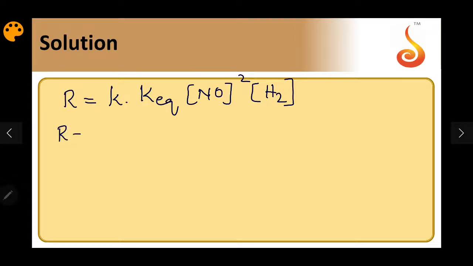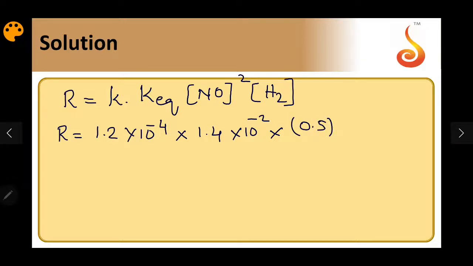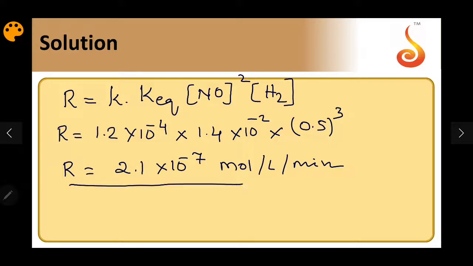So R is equal to K, given as 1.2 into 10 power minus 4, K equilibrium given as 1.4 into 10 power minus 2, and the concentrations of all of them are 0.5. So 0.5 whole cube I can write. If you simplify this, R becomes equal to 2.1 into 10 power minus 7 mole per liter per minute. This is the answer, 2.1 into 10 power minus 7.